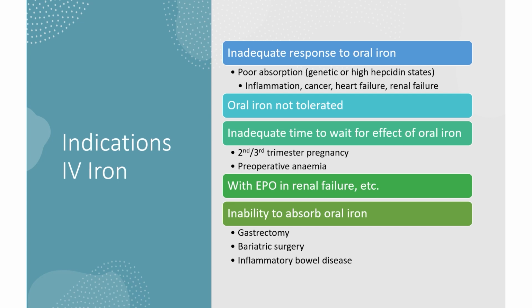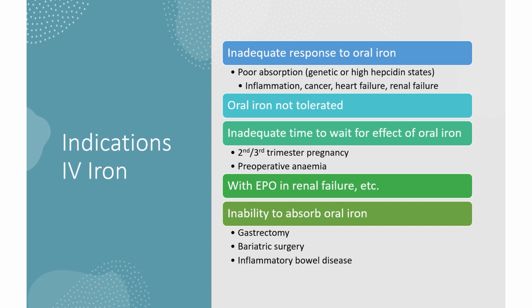And then there are cases where you don't have enough time to wait for the effect of oral iron to take place, such as later in pregnancy or preoperative anemia, as we use it in patient blood management. You sometimes need to use IV iron with erythropoietin in renal failure because these patients do not absorb iron. And of course, if patients are not able to absorb iron from other reasons, as we've mentioned before.